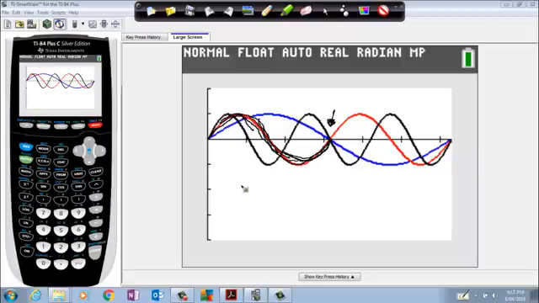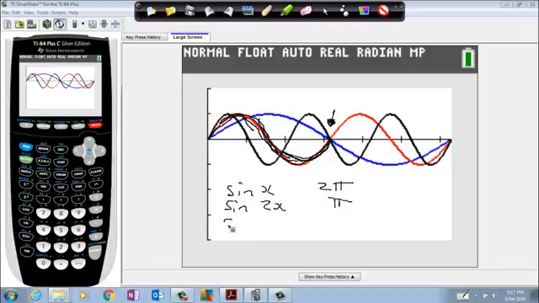Now the blue one, which was sine x, the period of that one we said was 2 pi for a full cycle. Now the sine 2x is half of that, so it's going to be pi. And we can see even on the divisions here, it goes 1, 2, 3, that's 3.14, that's pi.